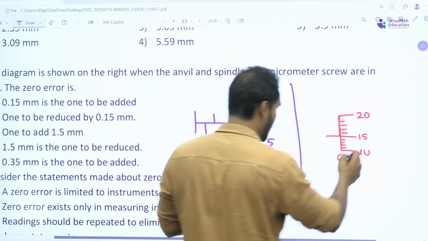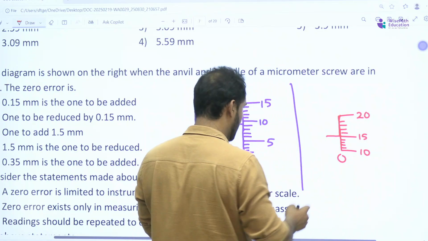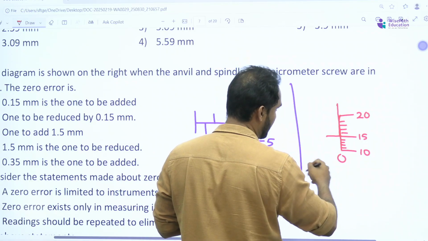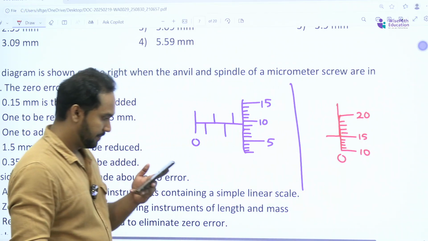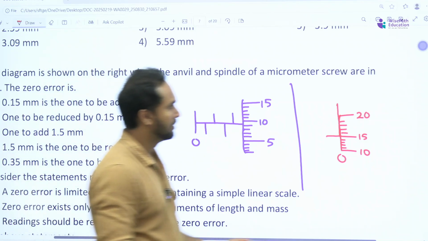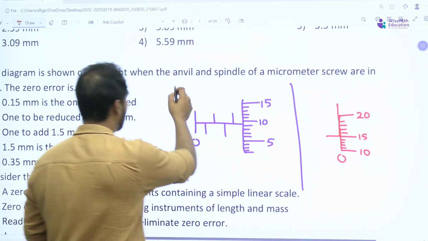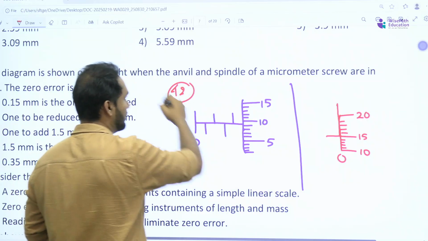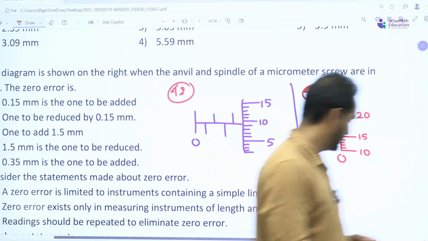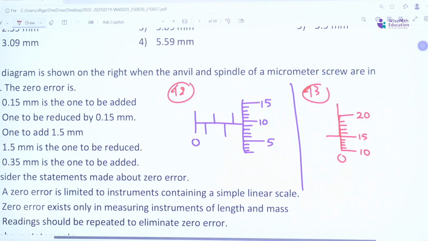Right. Yeah. So a few of the other marks are there, we don't have to worry much about it. That's it. Yeah, that's the whole thing. So this is for the question number 42. This is for the question number 43. Draw the diagram real fast and we will discuss it.